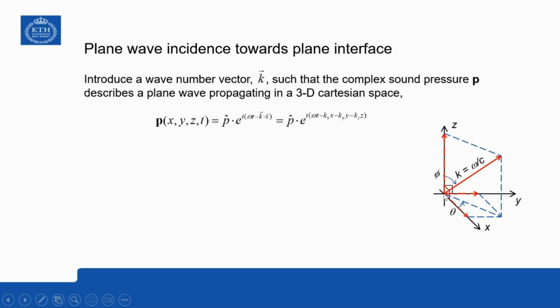And the components of this are the x component kx, y component ky, and z component. If we start with projecting this, the projection of the wave number vector in the xy plane, then we have this theta angle, the incidence angle, and the transmission angle in our case.